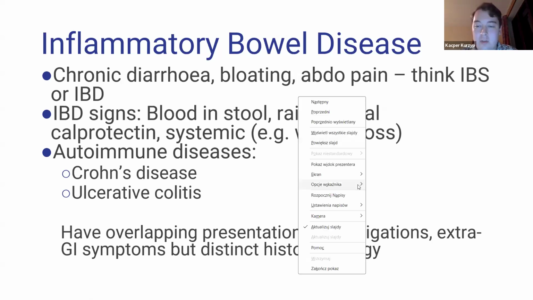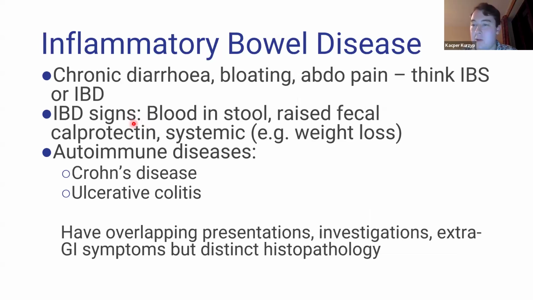Now, how are you going to do that? You are going to do some tests, and primarily you will send the stool to check for blood, so the FIT test. You will see raised fecal calprotectin indicating colonic inflammation, and also the systemic features are pointing towards IBD or other more serious disease, which we'll come on to later.